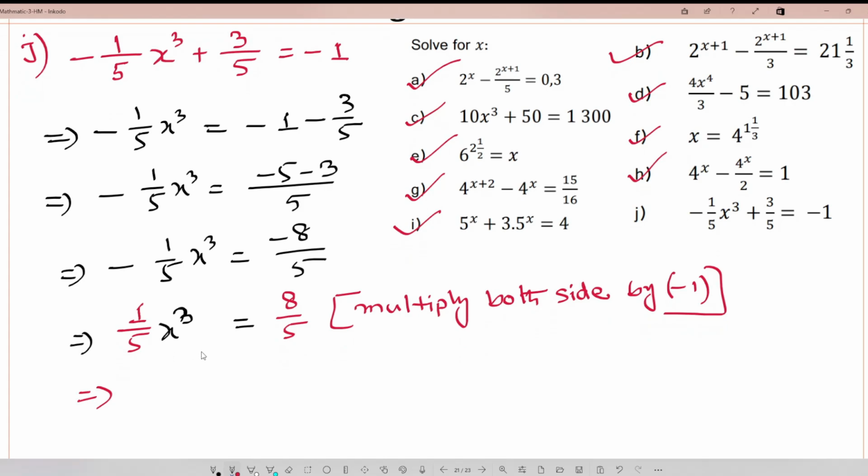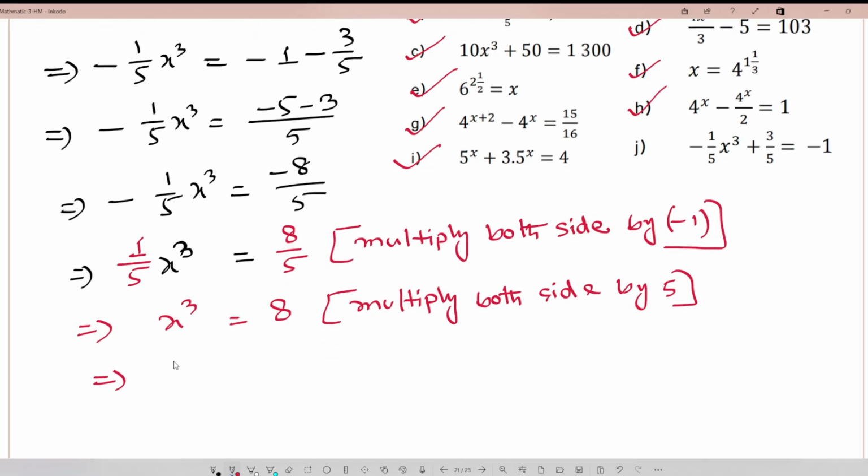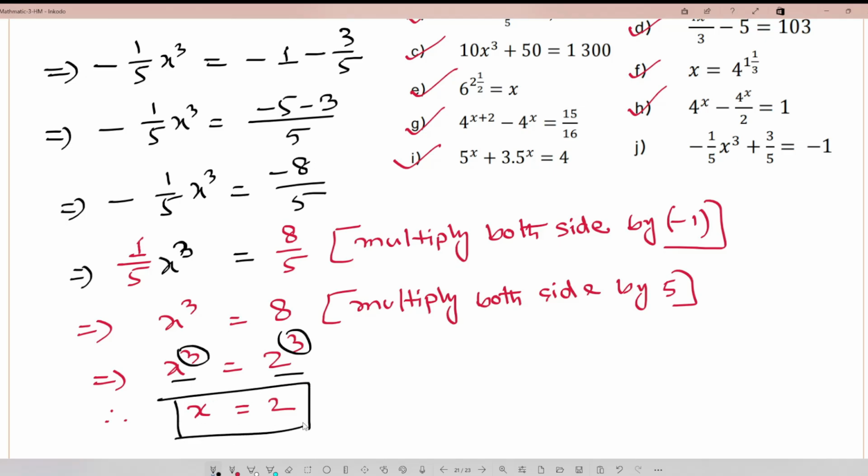Now we multiply both sides by 5 again. So here is x cube and here is 8. Again we can write: multiply both sides by 5, right? So x cube equals 8, and this 8 we can write as 2 to the power 3. So our answer is x equals 2. Why? Because the powers are the same, that's why the bases will be equal. So this is our answer, x equals 2.